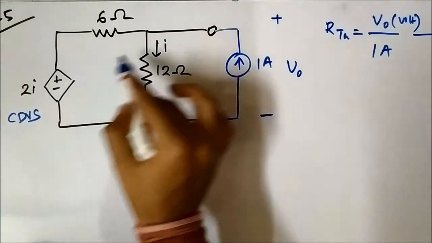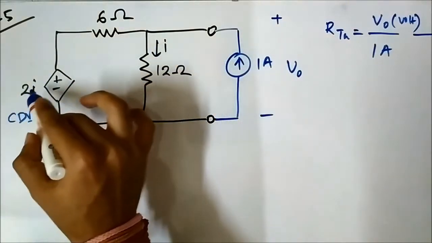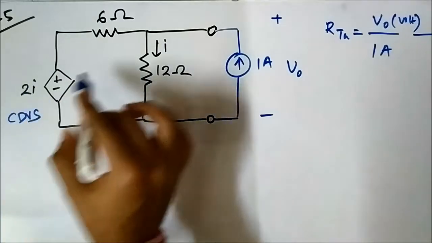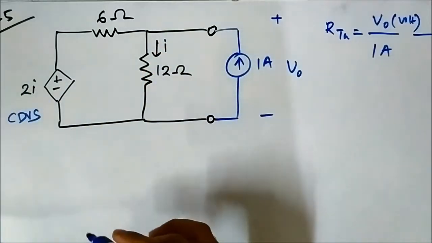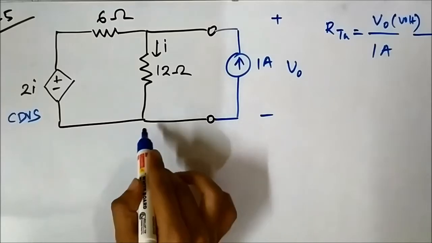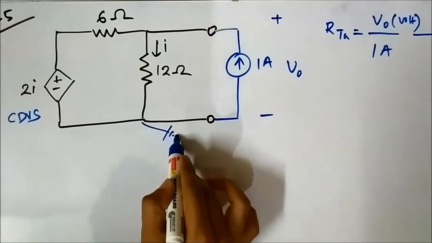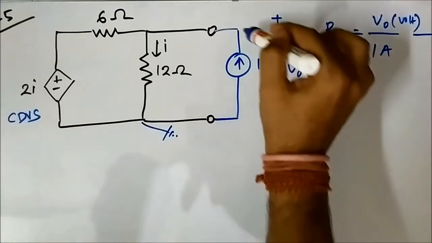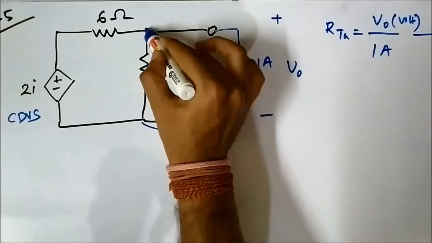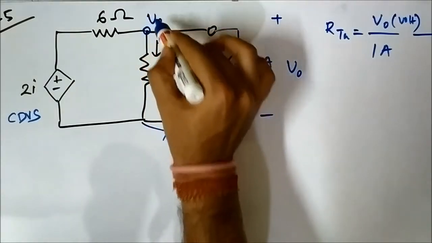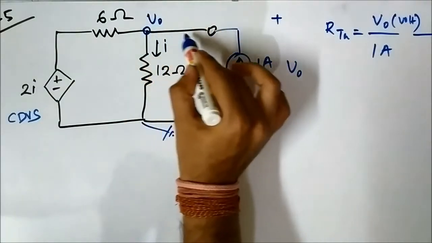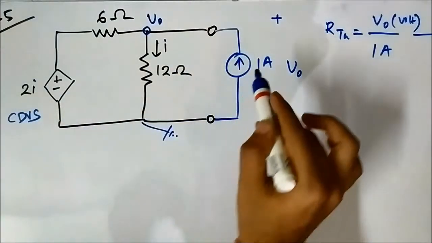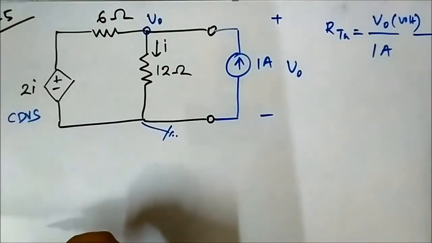Next important thing is to establish a relationship between this current dependent voltage source and the parameter on which it is dependent. So if we connect a ground here, the terminal voltage here is V0, so here also it will be V0. Why? Because there are no resistors in between, so no voltage drop, the voltage here will also be V0.